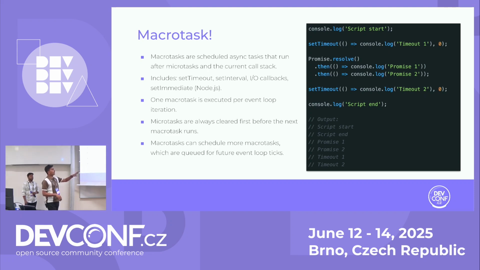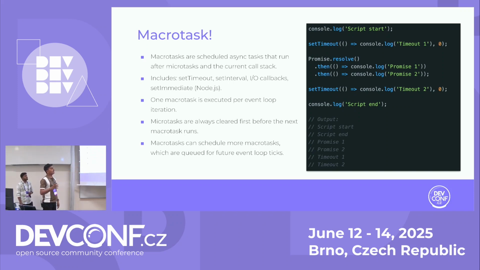If you look at the code, there is a console log to print script start. There is a setTimeout function to log timeout one. Then there is a promise. Then there is a setTimeout, and again a console log. With the way it is written, it should first print script start, then timeout one.